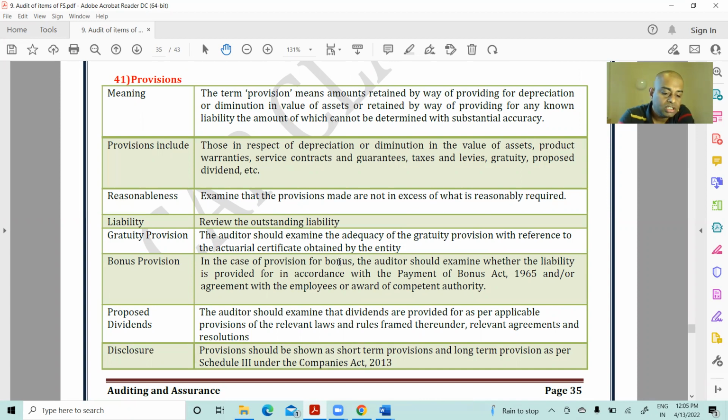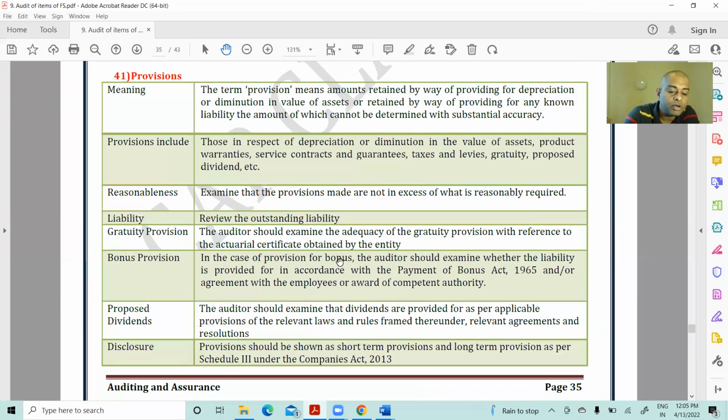I will not speak anything about this. Just all of you read these provisions. I'll give you 30 seconds. Read these provisions.